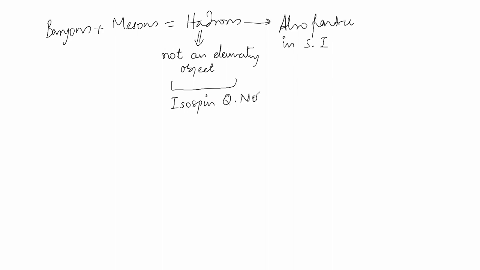We assign it to the hadrons. We do assign isotopic spin quantum number to the quarks, because quarks make hadrons, and the total quantum number should be conserved if we are talking about a strong interaction.